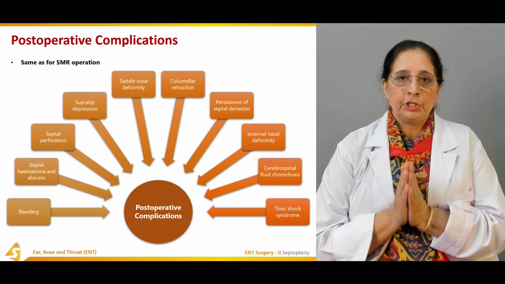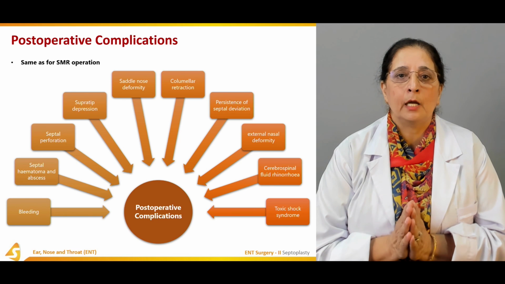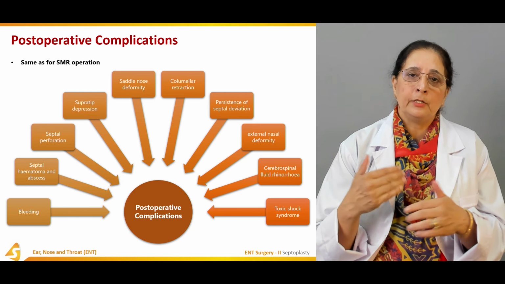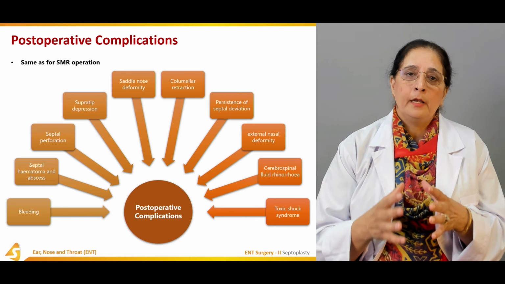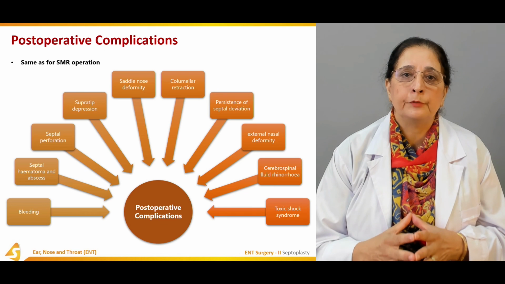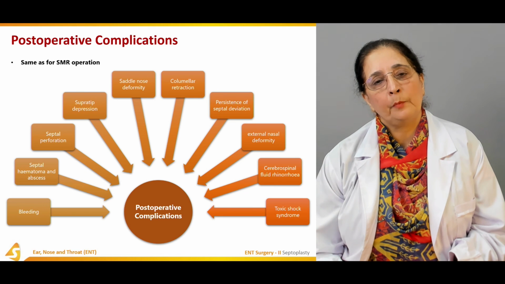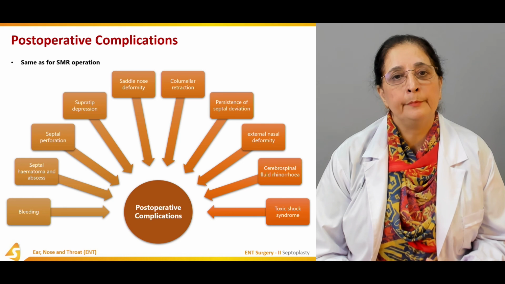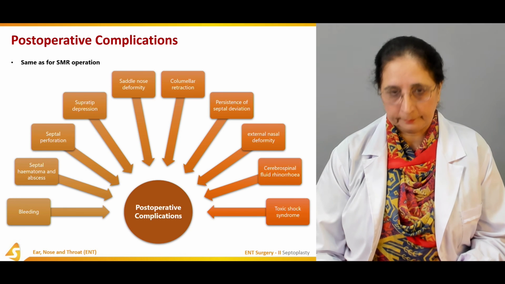So the complications of the two procedures are pretty much the same. Septoplasty takes over from SMR. Now the deviated nasal septum is treated by septoplasty, but the post-operative care and complications are the same as submucosal resection.